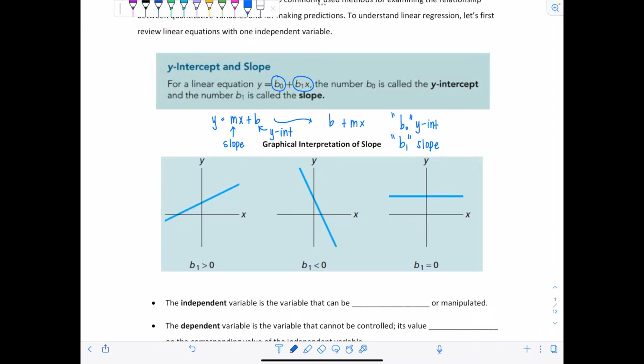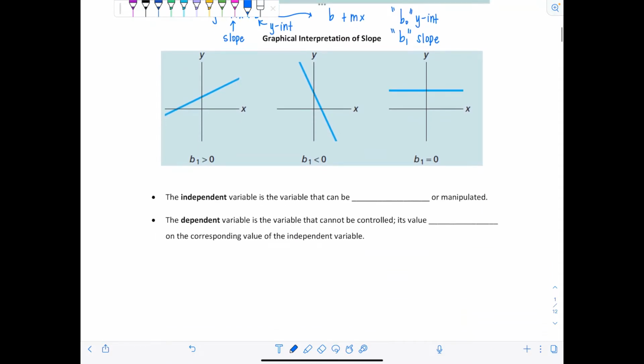Anyways, so what does the slope do? The slope tells us the steepness of the line. It's rise over run. You might even remember the formula for how to compute the slope of a line given 2 points. You're not going to need any of that in this class. Basically, just think of it this way. If the slope is positive, then the line, if you're looking at it from left to right, is slanting upwards, okay? Or basically, if you're walking on it, you're walking uphill.